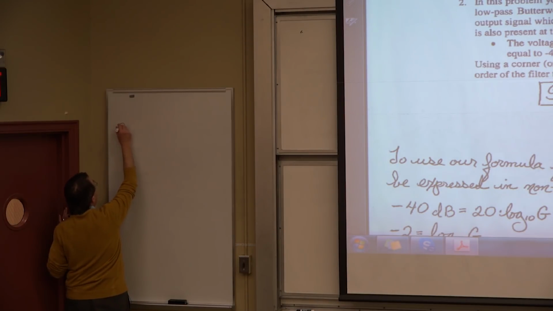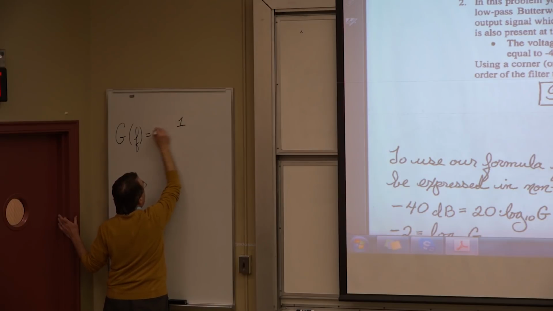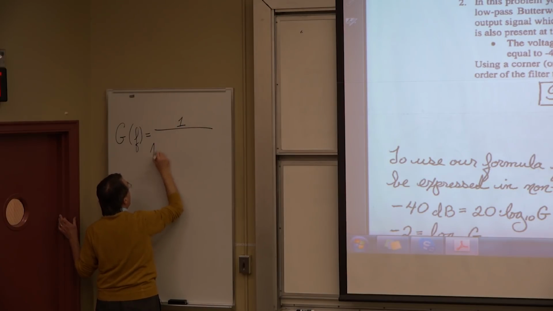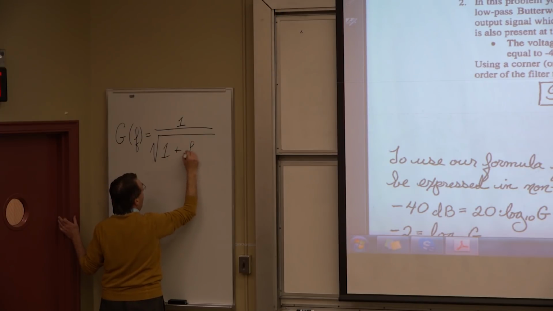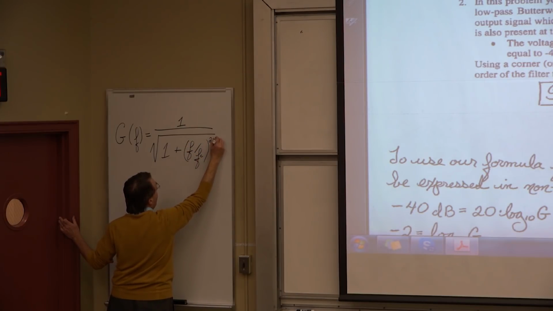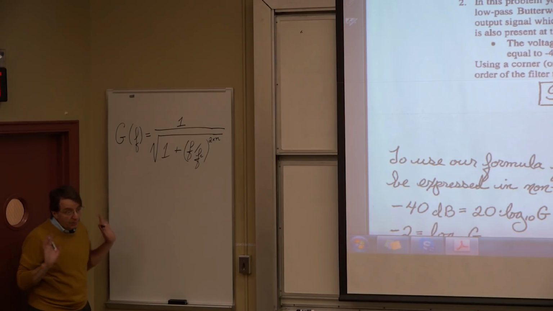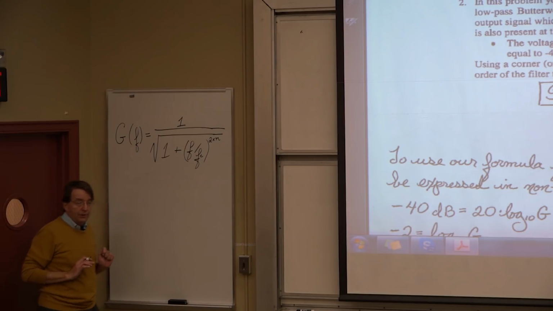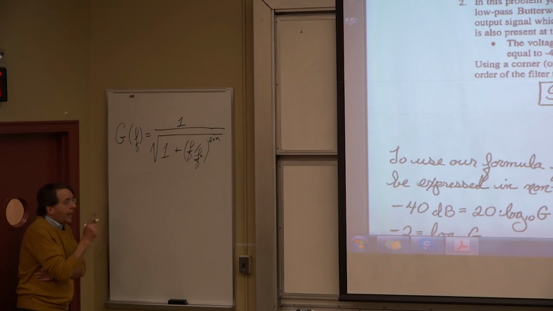The gain at a frequency f is 1 over the square root of 1 plus f over fc, raised to the power 2n, where n is the order of the filter. You don't have to memorize this formula. It's on the formula sheet. So I say, okay, what's a number 1 common error?